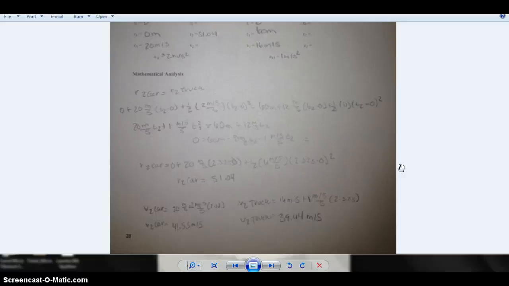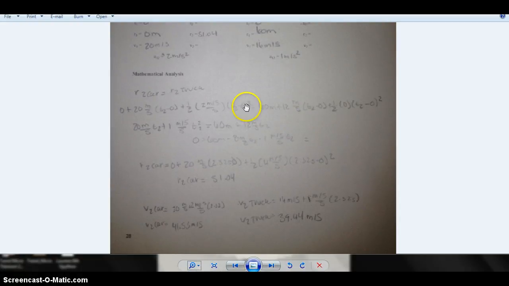So then I plugged that into the equation for the R2 for the car, and I got 51.04, and I was also able to plug that in and get for the velocity 2 of the truck, 39.44 meters per second. And then the velocity 2 for the car, I plugged in that 2.32 also with the 20 meters per second and 2 meters per second squared, and that was 41.53 meters per second.